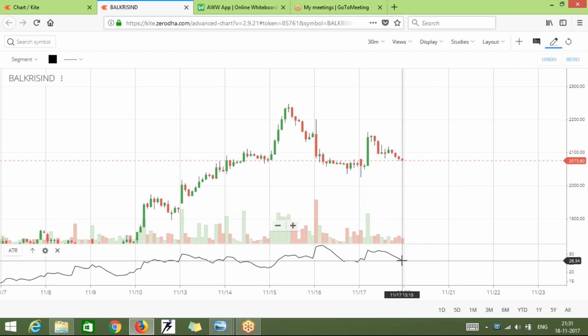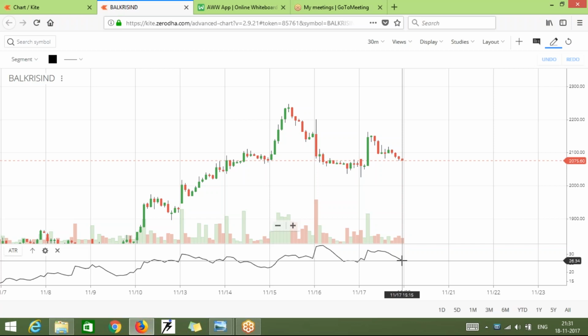Because this stock is trading at a level of around 2075, ATR tells you a range of 26.34. So please note down this one: your SL for a buy order would be your order price minus 26 points.